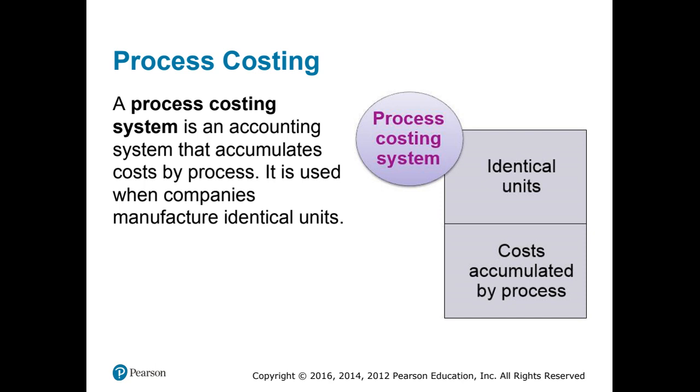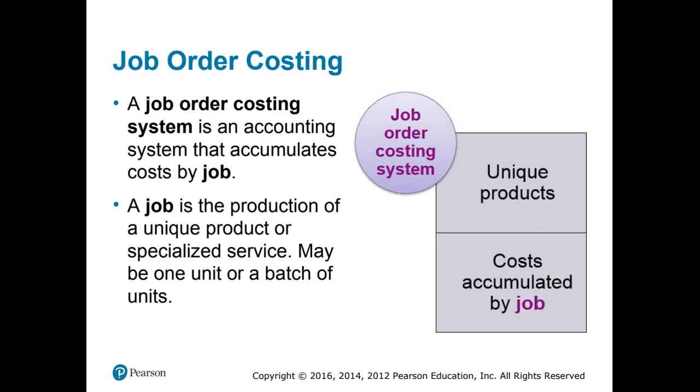You can even say when they're building a house, every four houses have the same floor plan, but maybe this land had to be flattened and graded and the other land was perfectly ready. So there are still certain different processes. Normally construction would be job, and the products are different or unique in some way.